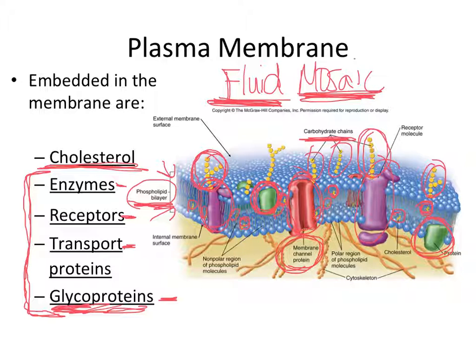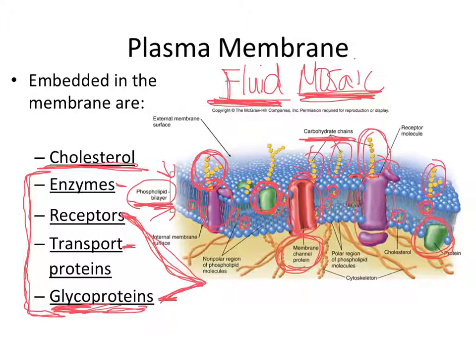So glycoproteins function very similar to receptors. These two function very similar in that they give cells specific identities. So they're able to recognize one another, and they're able to recognize hormones, and it allows communication between two cells.